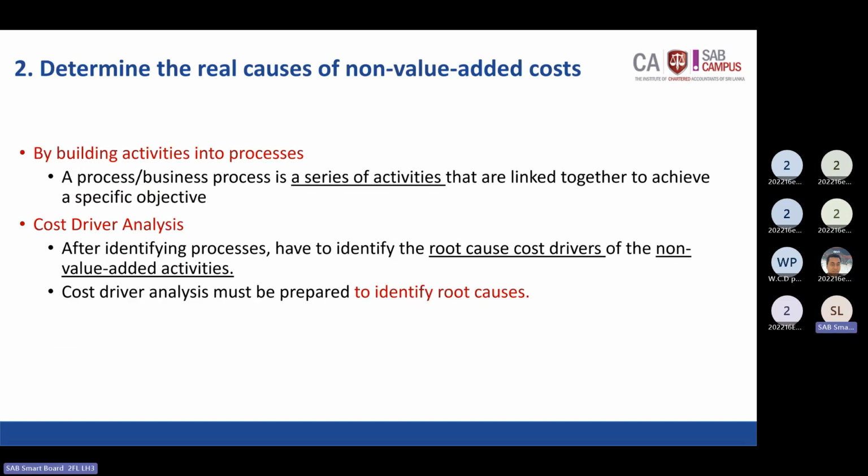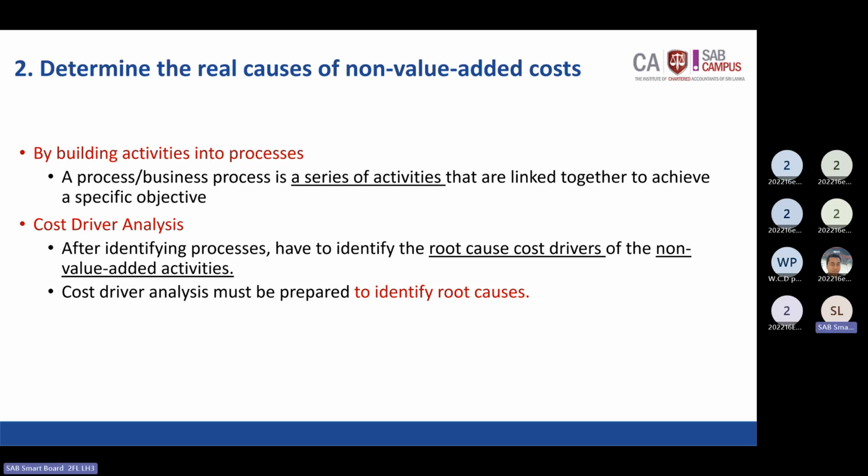Then building activities into the process, the series of activities links together. Right? And බලන්න right. අපේ objective එකට යන්න මොනවද activities ටික link කරගන්නවා. Then after identifying the processes, have to identify root cause of cost drivers of non-value added activities.